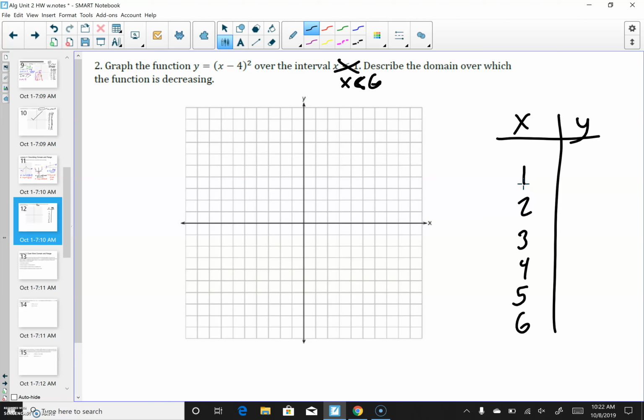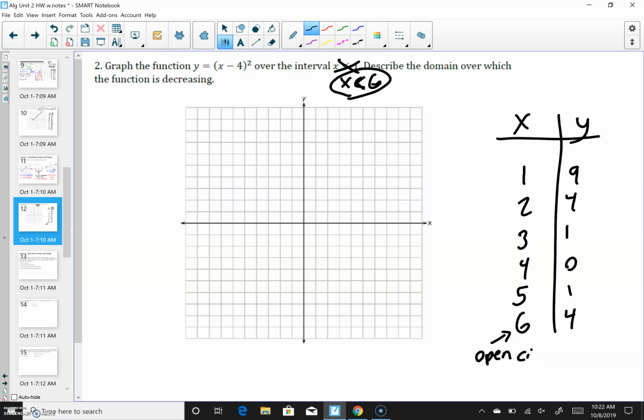So what we want to do is copy our table down from our calculator. 9, 4, 1, 0, 1, and 4. The key is right here though. It says x is less than 6, meaning 6 is not included, everything up to it is.